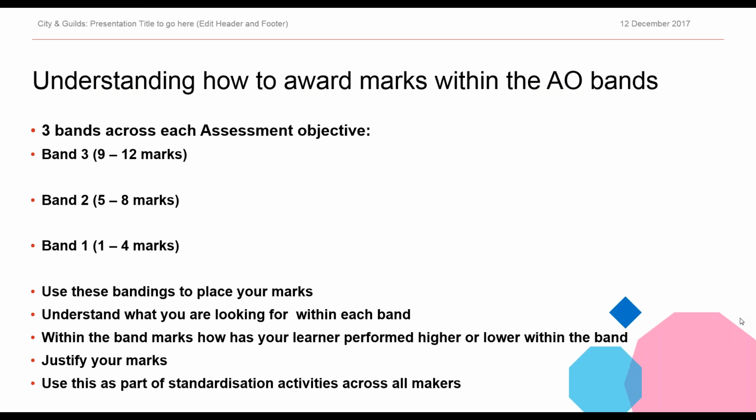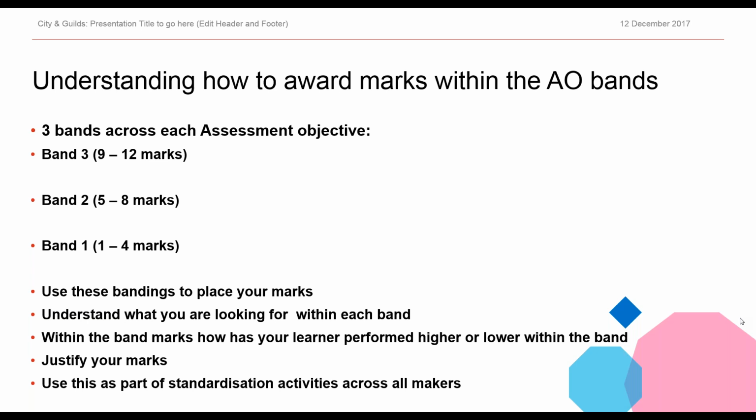So, understanding how to award marks within each AO: each band will have a different range of marks that you can allocate. So say band 1, depending on the weighting of that band, will be 1 to 3 marks, 1 to 4 marks, in some cases 1 to 8 marks.